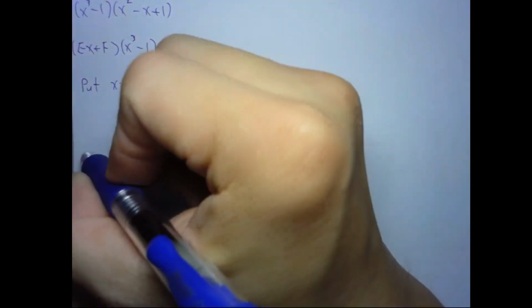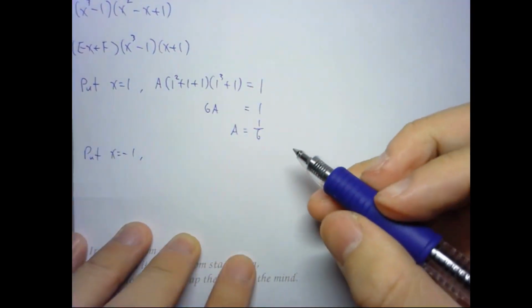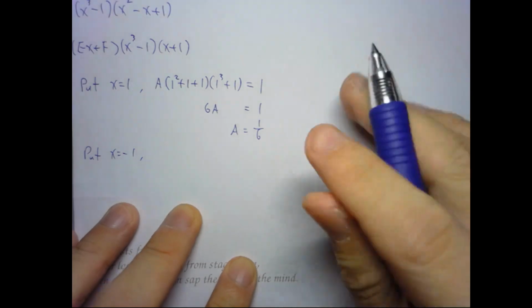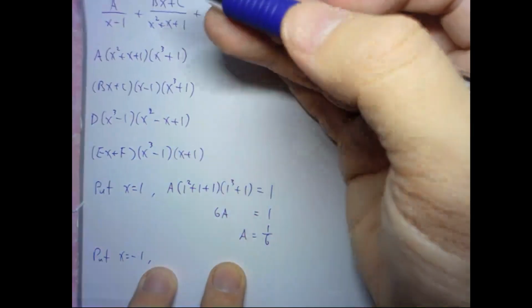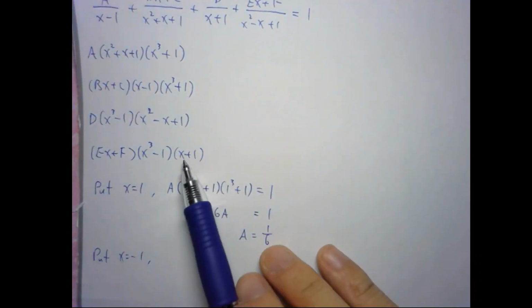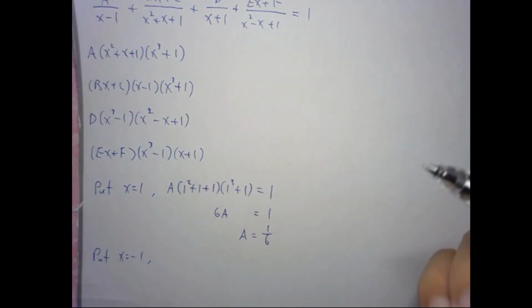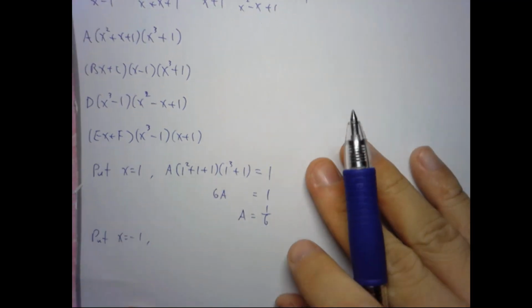And then how about the second unknown? We put x equals minus 1. And notice that if I put x equals minus 1, then the first, the second, and the... okay, let's see. Okay, and the last one will vanish.